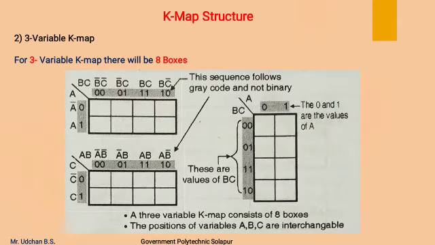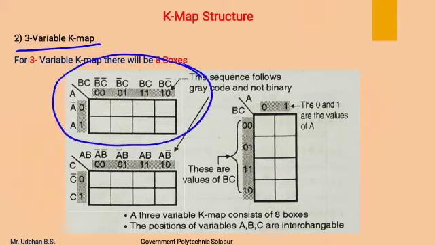Again, this is the K-map structure of the three variable K-map. The three variable K-map contains 2 raised to 3 equal to 8 boxes. That is, we have to enter 8 entries. This is one method here, this is another, and this is the third. Any one we can use. In future we are going to use this structure to solve the problems.